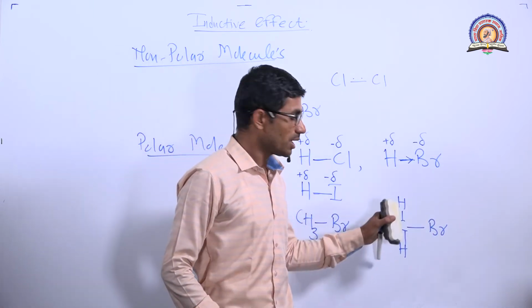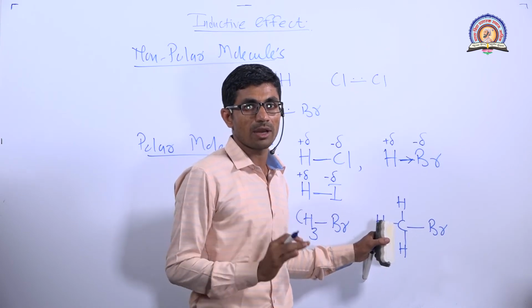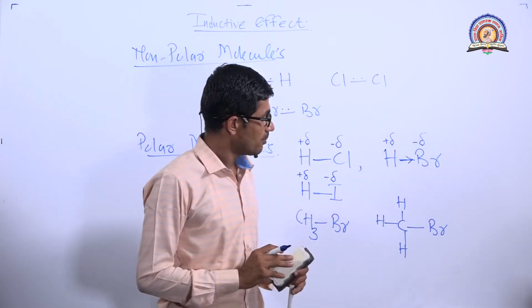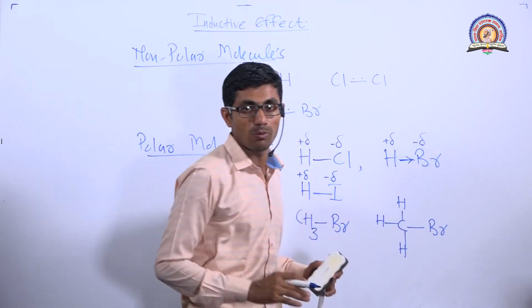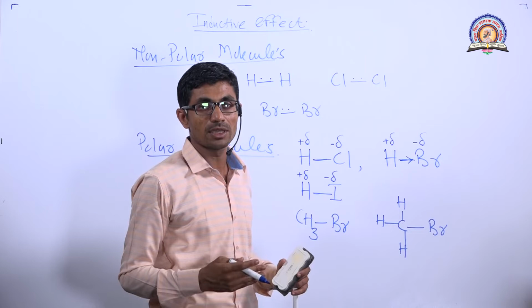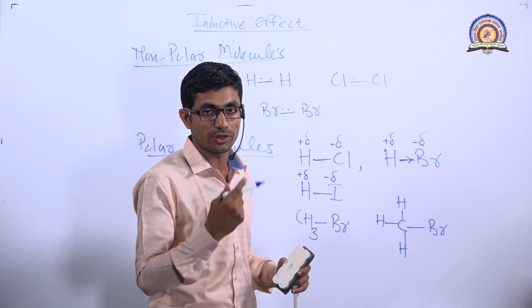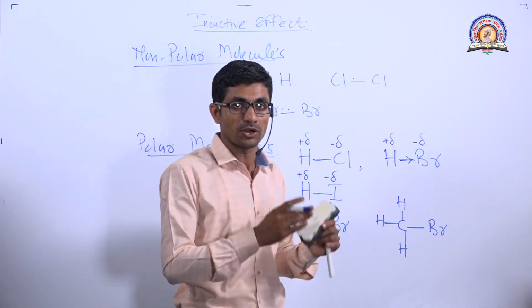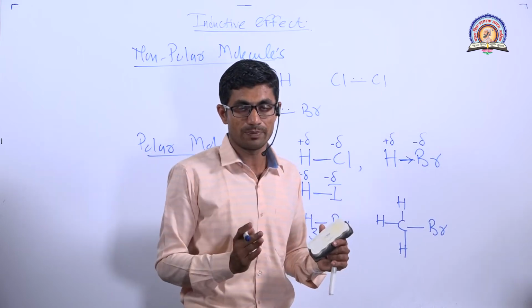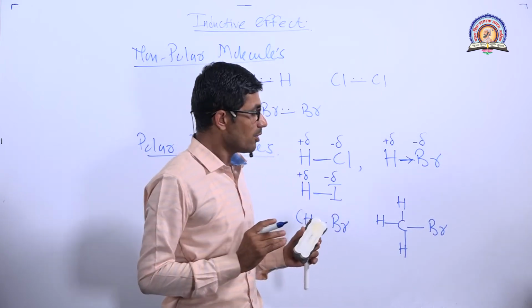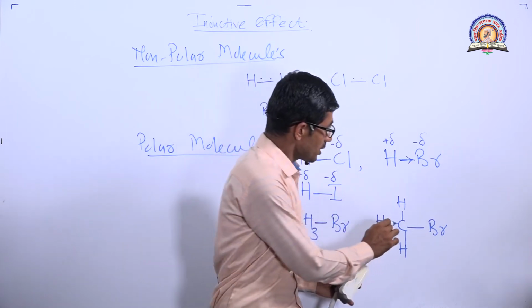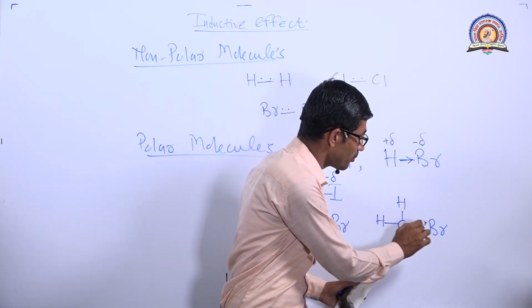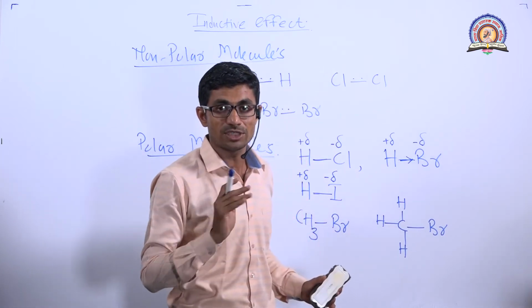Here carbon is more electropositive, bromine is more electronegative. Means there is a difference between the electronegativity of carbon and bromine. So because of that, the electron pair between carbon and bromine is not equally shared.